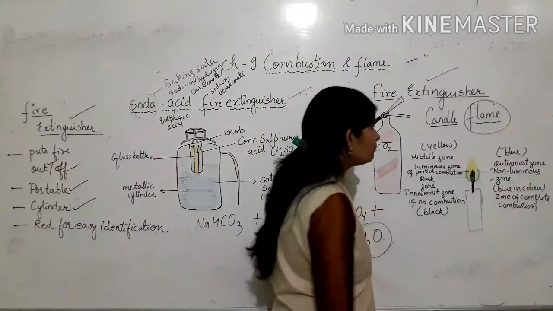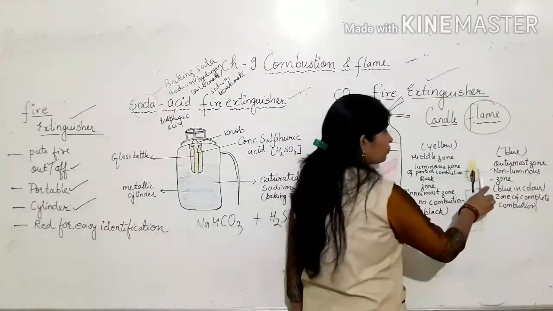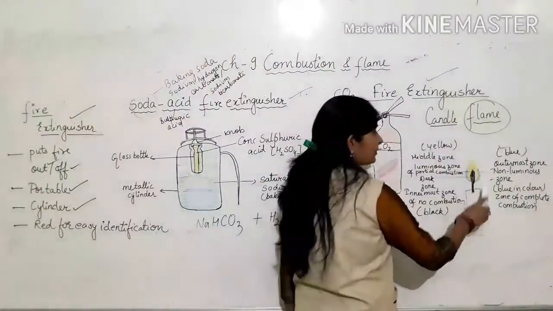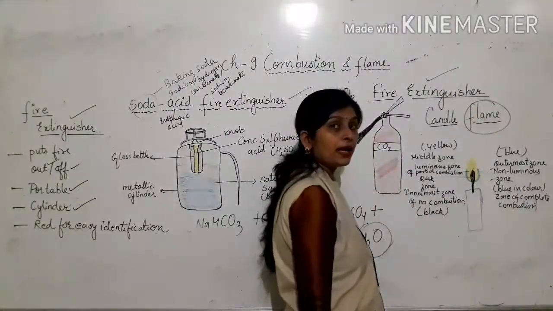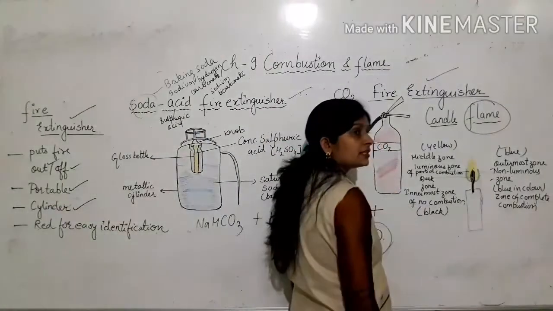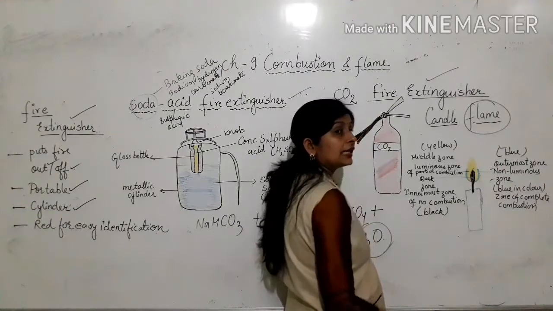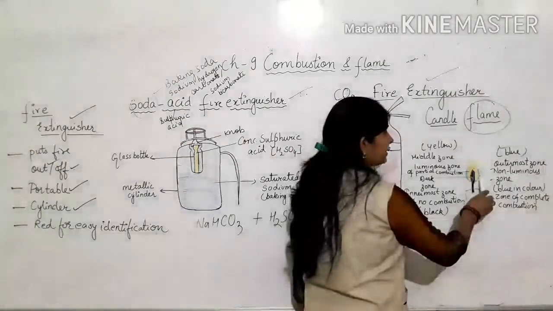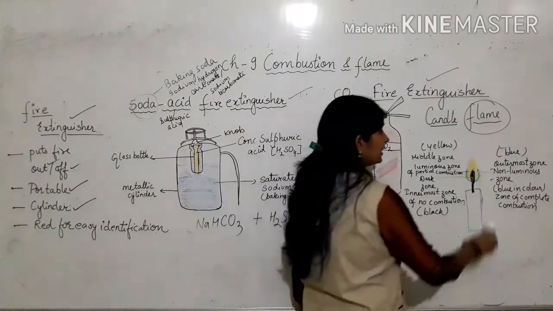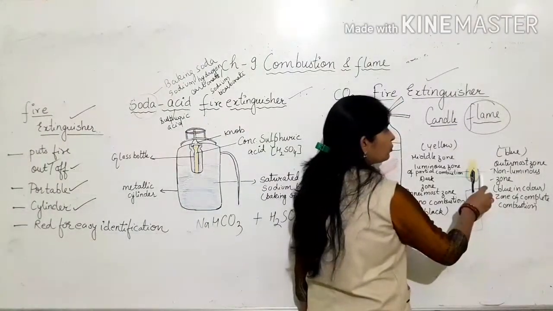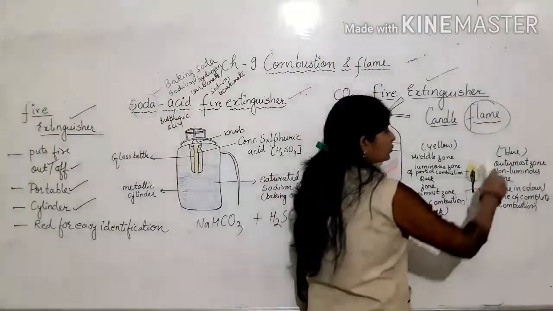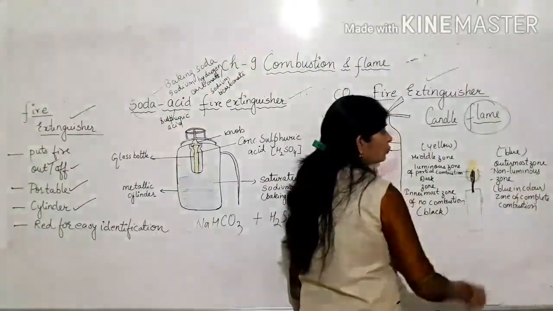As I told you, in this outermost zone, wax vapors get a sufficient supply of oxygen, so they burn completely in the sufficient supply of oxygen. Their complete combustion takes place.